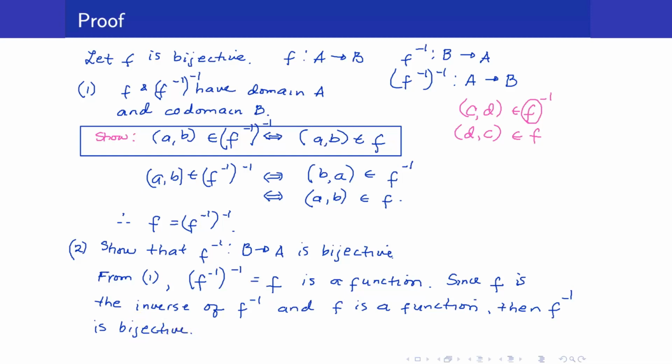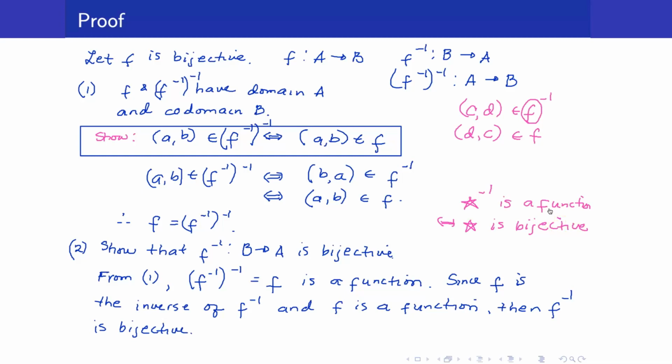You might be confused with that. Let me just write it as follows. Let me use star and heart. So for example, star inverse is a function if and only if star is bijective, correct?